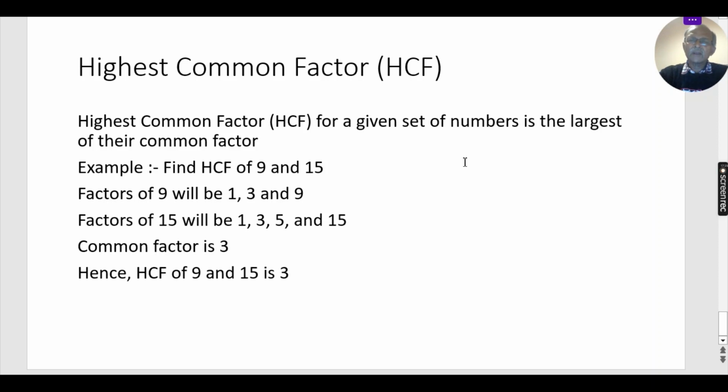Now what is HCF? HCF is the highest common factor. The highest common factor for a given set of numbers is the largest of the common factors. I hope you remember what a common factor is. I'll just show you the slide so that you remember once again.